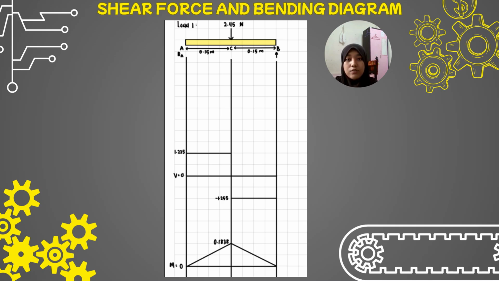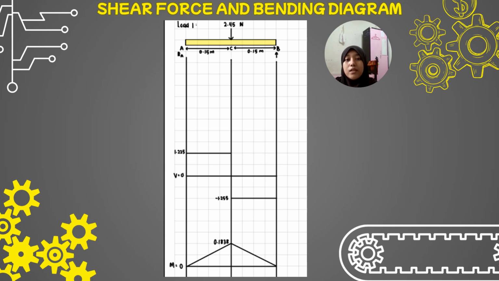The shear force diagram tracks the internal vertical cutting forces along the beam. It steps up at the left support, which is Ra, stays perfectly flat because there is no load in between, drops sharply down at the center load, stays flat again, and then steps back up to zero at the right support, which is Rb.